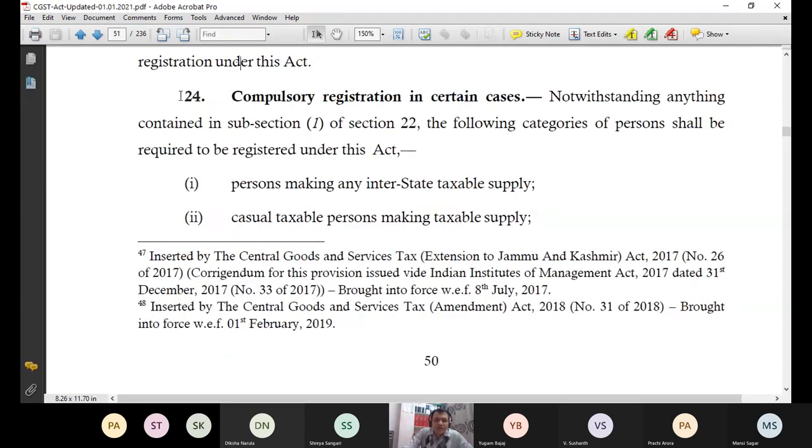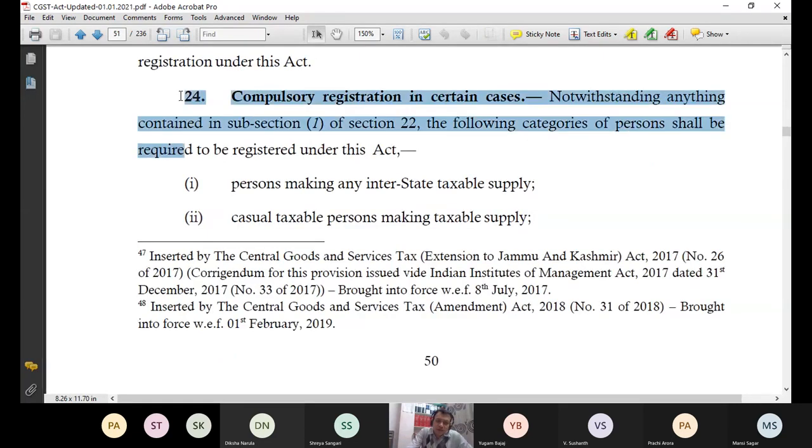Now can you tell me what the difference is between 22 and 24? Can anyone make a judgment about what the exact difference is between 22 and 24? Can anyone try to tell? What is the exact difference that you see when you read the Act? Or what point can come to your mind as the technical difference?